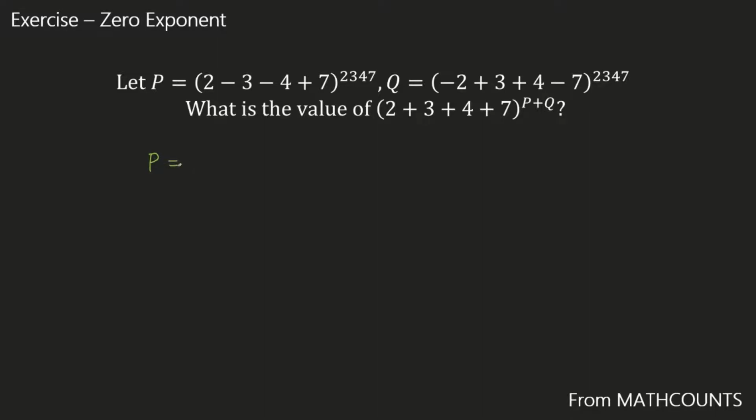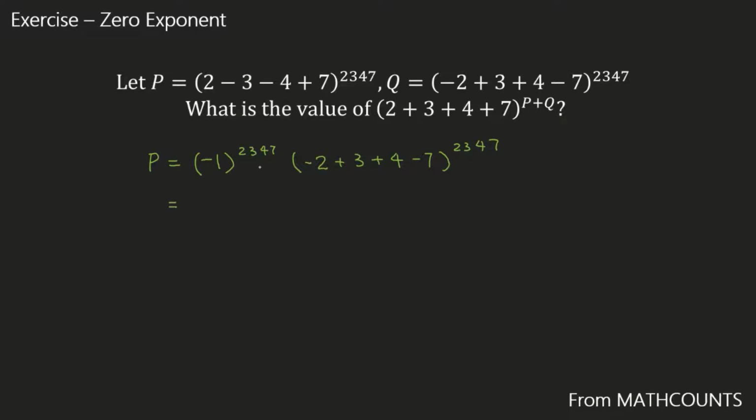Let P equal to, we're going to factor out a -1. So this becomes -1 raised to the power of 2347 multiplied by, because we factor out the -1, so the sign is reversed. So it becomes -2 plus 3 plus 4 minus 7 raised to the power of 2347.